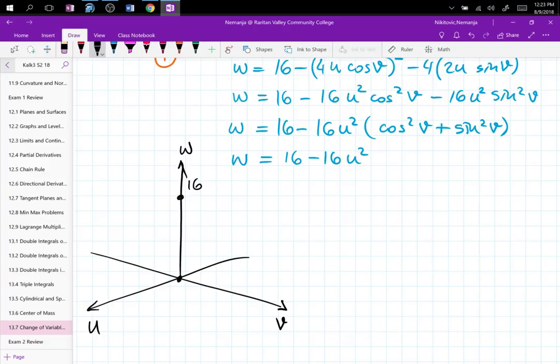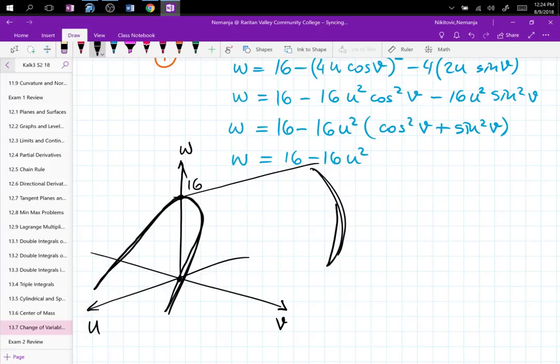So I have a parabola on u which will go this way, like that, riding the u-axis.